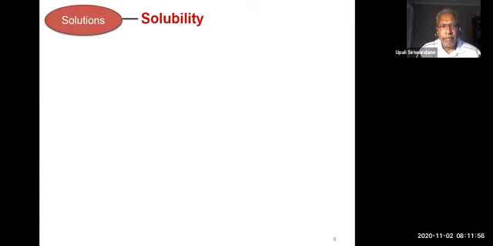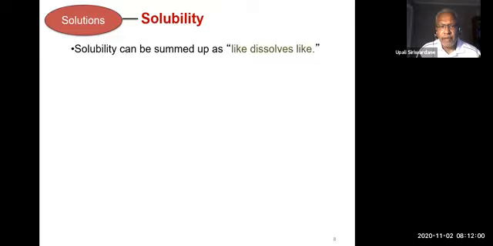Solubility is summed up in the statement "like dissolves like." So the mixing of solute and solvent depends on the type of intermolecular forces they hold in the solute and solvent separately.